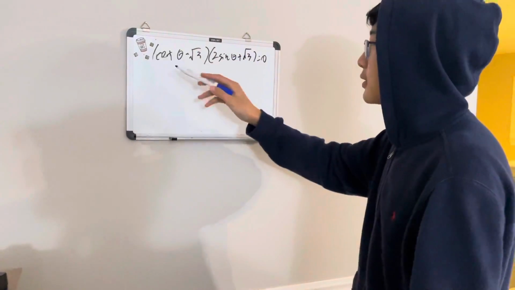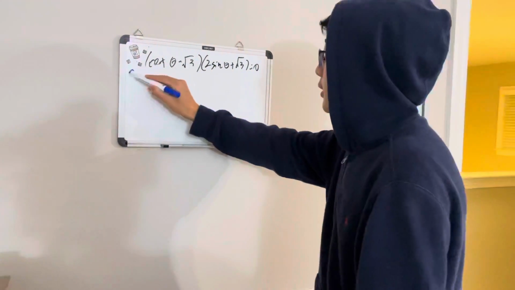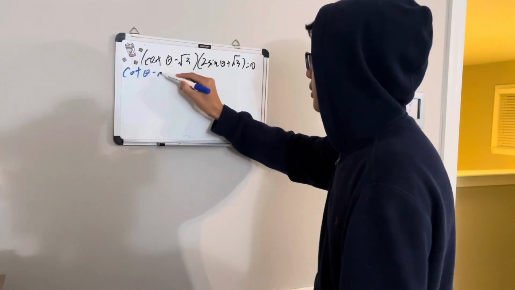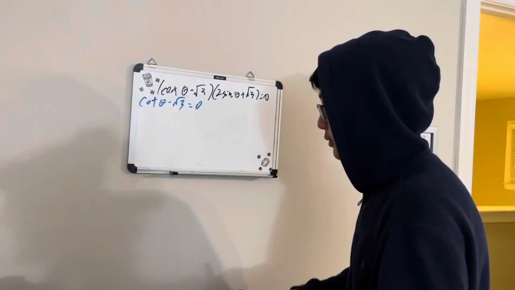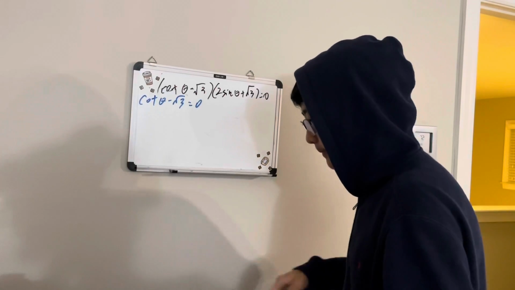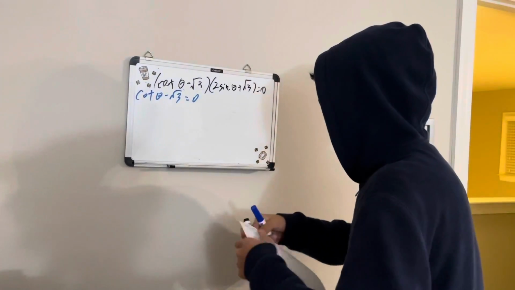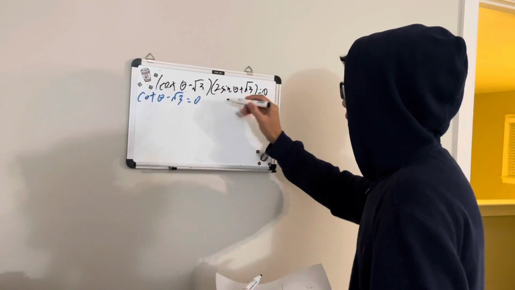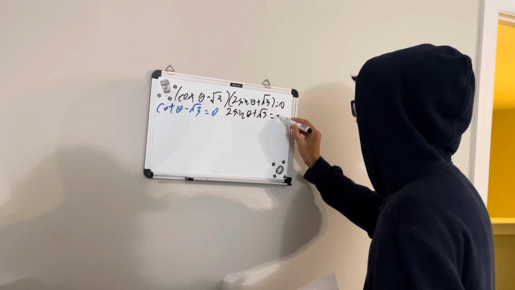I'll write the first equation in blue and the other equation in black. That's cotangent theta minus root 3, and 2 sine theta plus root 3 equals 0.